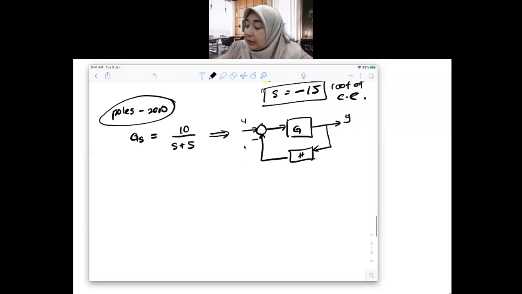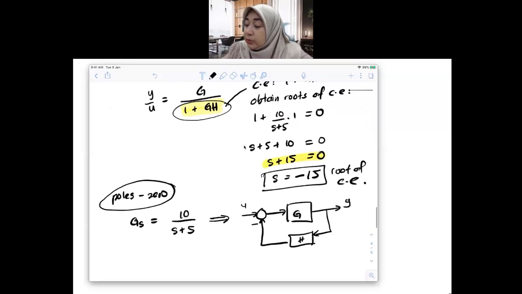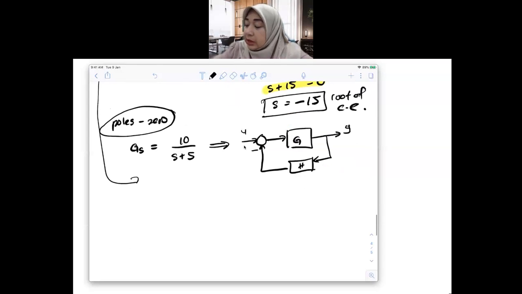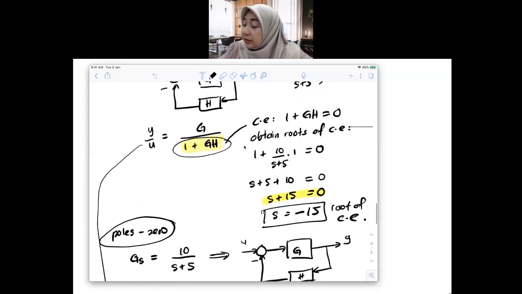Then your closed loop system equation will become what we had in the beginning: Y over U equals G(s) over 1 plus G(s)H, which gives what we have here.